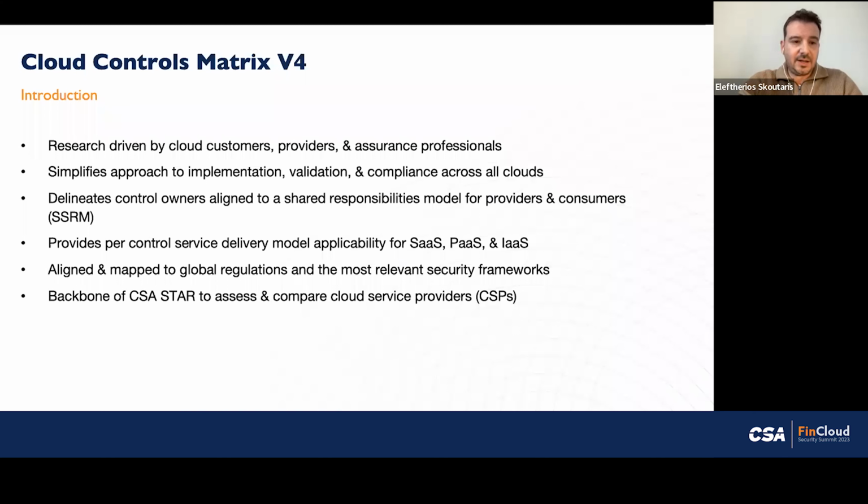And finally, it facilitates the integration, as we spoke about in the introduction and which is the subject of this presentation, of the SSRM requirements and guidance to help both parties, service providers and customers, to delineate the security controls, ownership, and their implementation responsibility. Last but not least, the Cloud Control Matrix is the backbone of the Cloud Security Alliance STAR program and its 3 different levels of assessment.